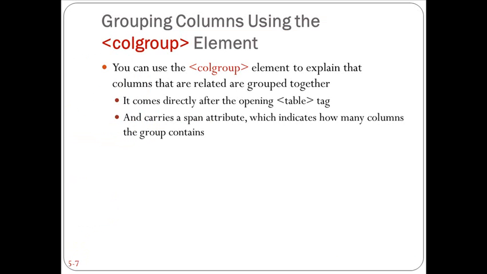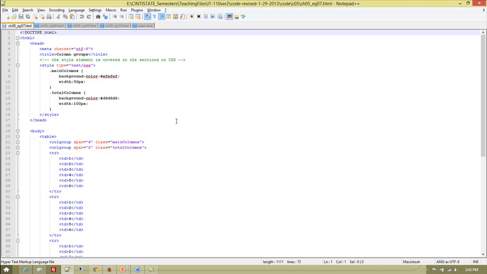You can use the column group element to explain which columns are related or grouped together. This comes directly after the opening table tag and carries a span attribute. The span attribute then indicates how many columns the group contains. If we look at example 7, you'll see the column group immediately after the table.